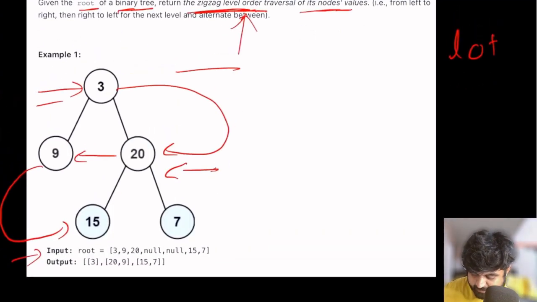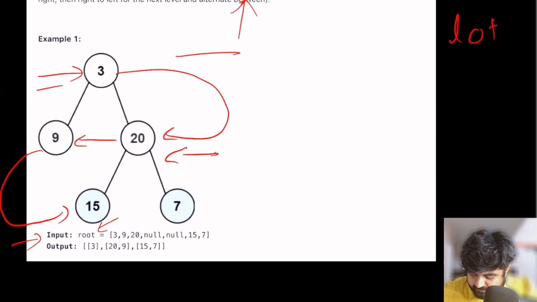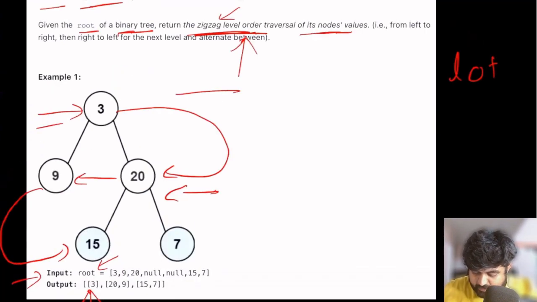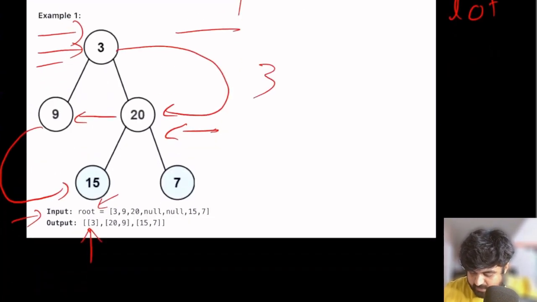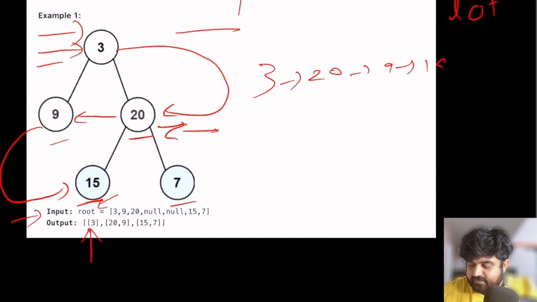In this example, first we went through the root level, value 3, left to right. Second we went through the next level from right to left, so 20 and 9. Then we went through 15 and 7. Let's see what would be the solution for this problem.